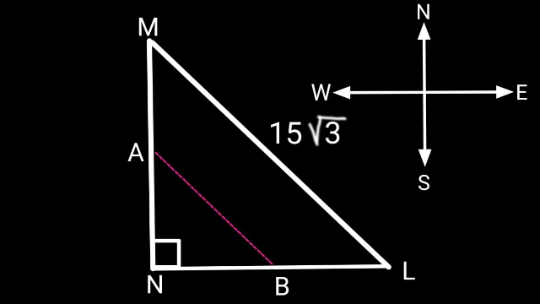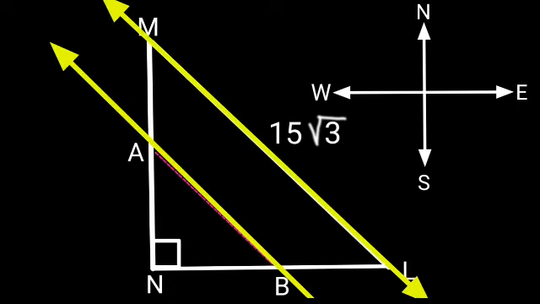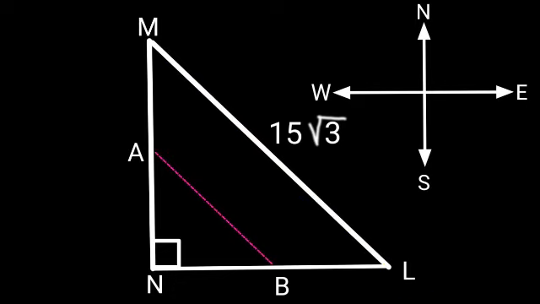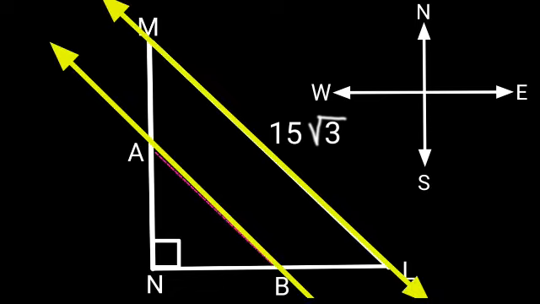NB and NA are also the speed of both in 1 hour. If we join AB in triangle MNL, AB is parallel to ML and A and B are the midpoints of MN and ML.